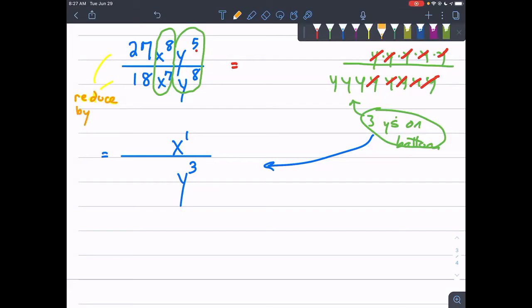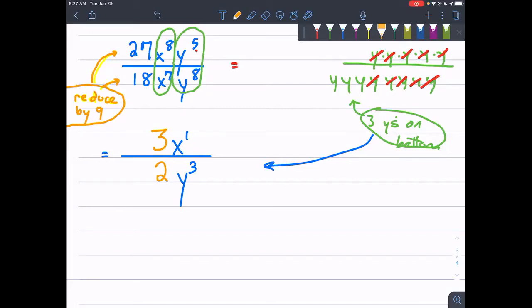If you're reducing 27 and 18, you want to think, well, what do they have in common? 9 goes into both. So reduce by 9. 27 divided by 9 is 3. 18 divided by 9 is 2. Okay.